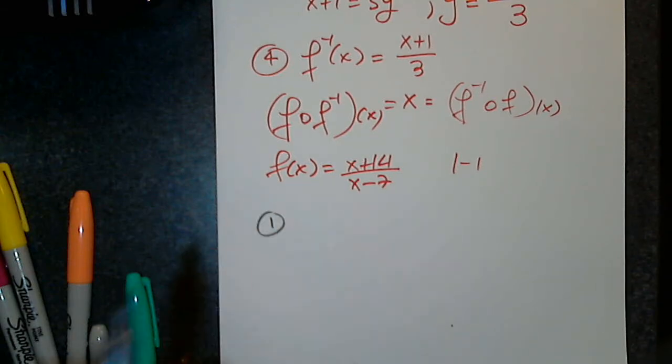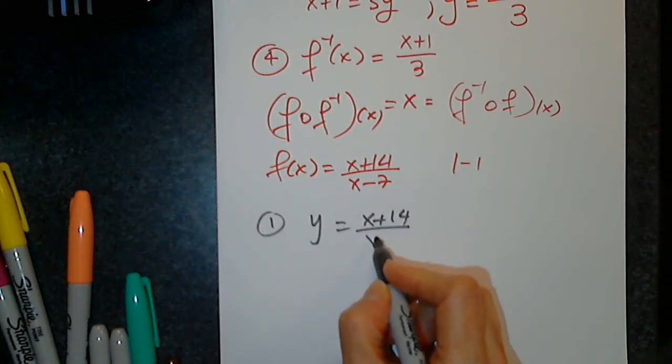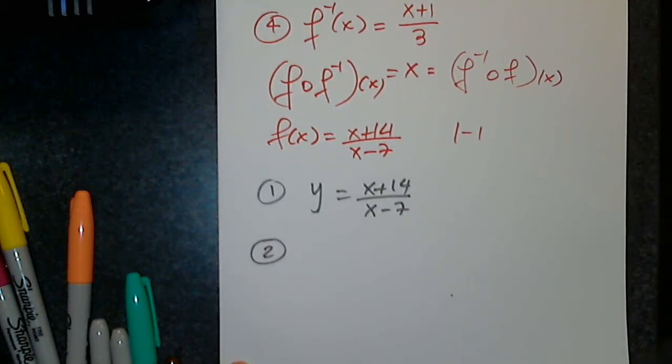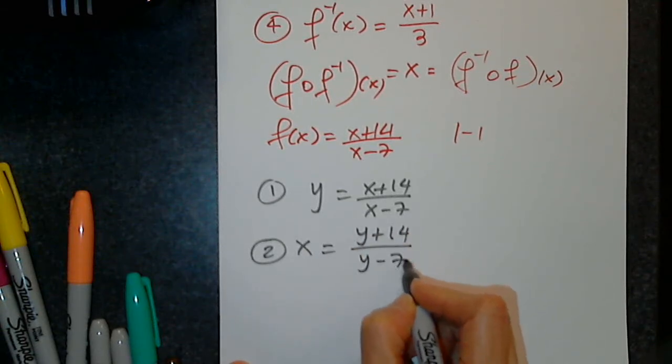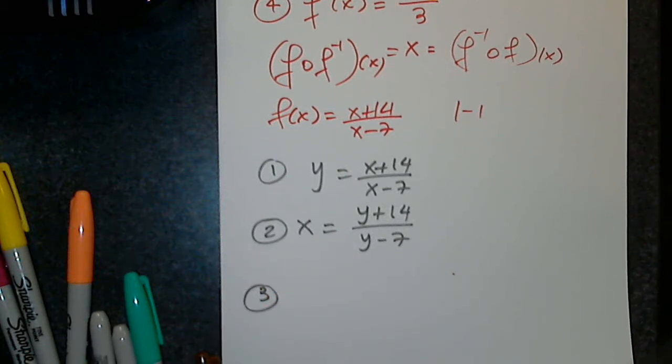Step 1. Perfect. Step 2. Very good. Step 3. Good. What do I do?